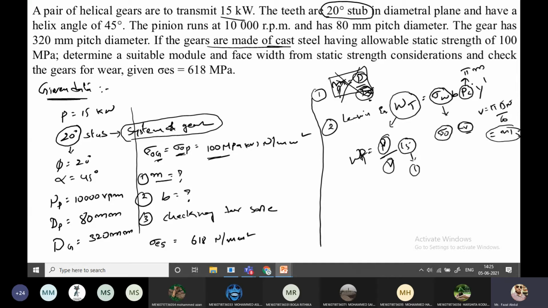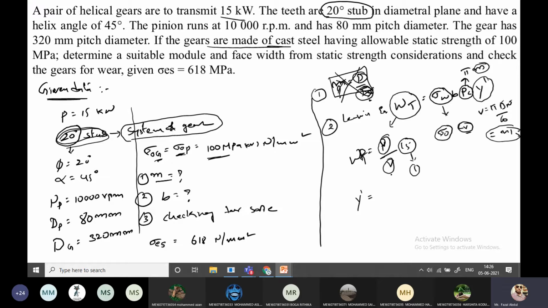Right? Now pi m is a question mark, and y dash, the Lewis form factor. So the Lewis form factor, what is this one? See, the 20 degrees stub system is given in the question. So based on this statement, I am going to select this equation. What is the equation?